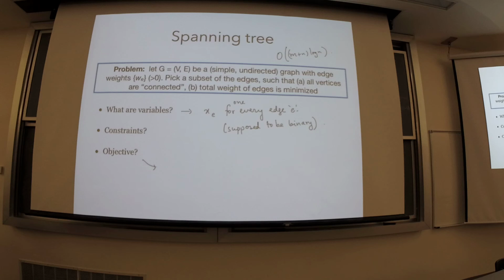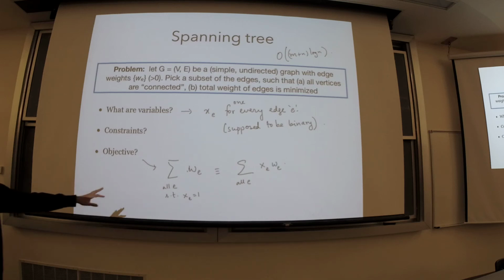And your objective is also very clean, right? You want the total weight of the edges that you picked to be as small as possible. Now we can use exactly what we did last time. Formally, you can say the sum over all e such that x_e equals 1 of w_e, which is the same as the sum over all e of w_e x_e.